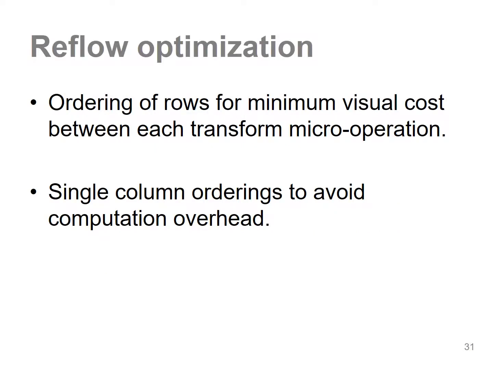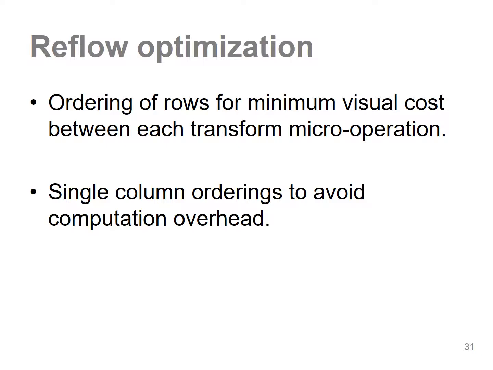We inserted certain optimizations in our tweening sequences, one of them being reflow optimization. Reflow is the UI process of calculating the new positions of UI elements on the screen with each transformation. Now we want to minimize the points of change between each transformation.